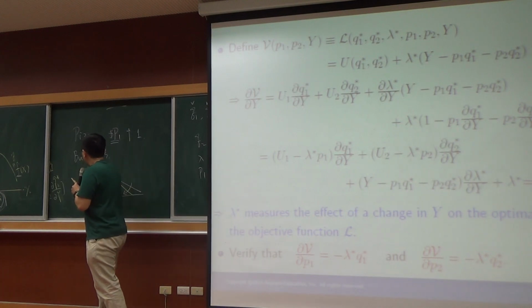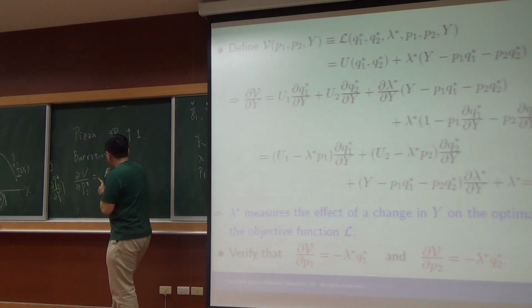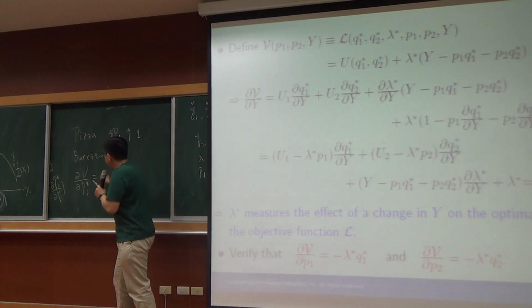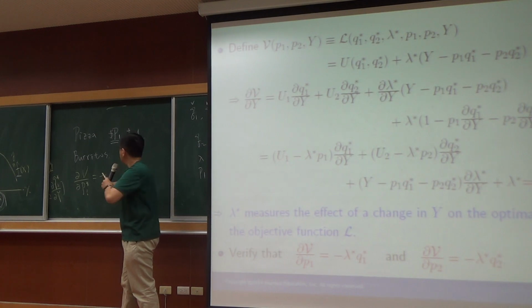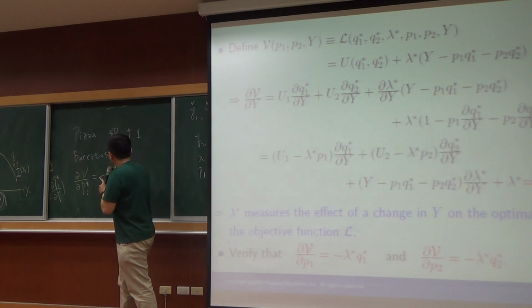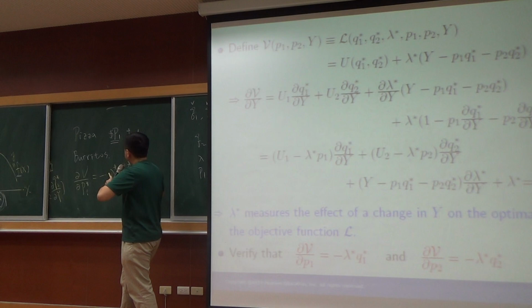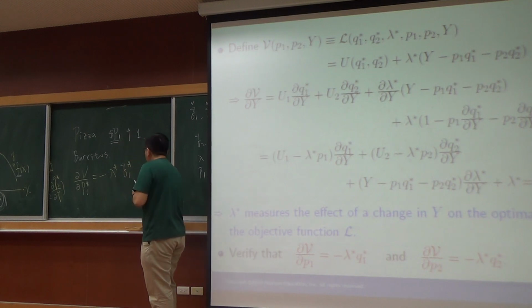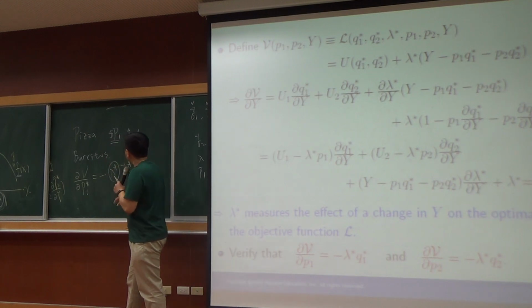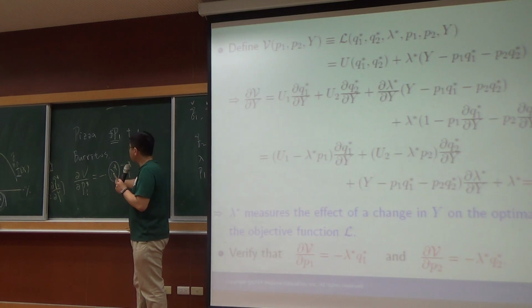And this term would be negative, which means worse. Lambda star Q1 star. So this is caused by this $1 thing.